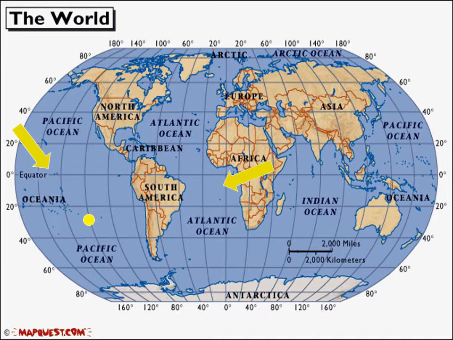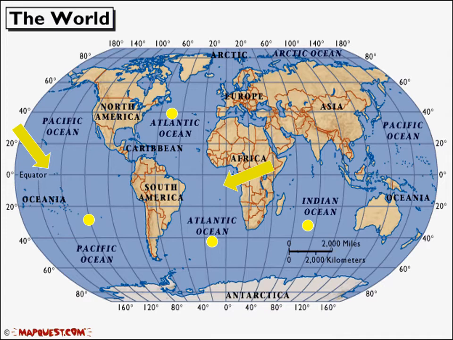We have oceans in the Western Hemisphere. We have the Atlantic Ocean in the Southern Hemisphere and the Northern Hemisphere. The Pacific Ocean is also in the Northern and the Southern Hemisphere.